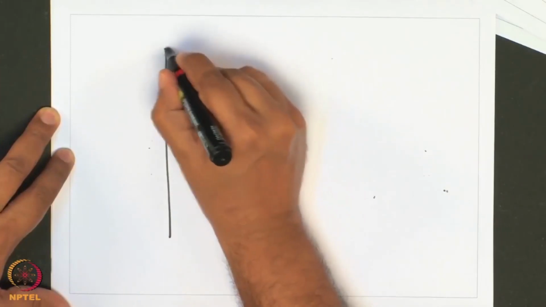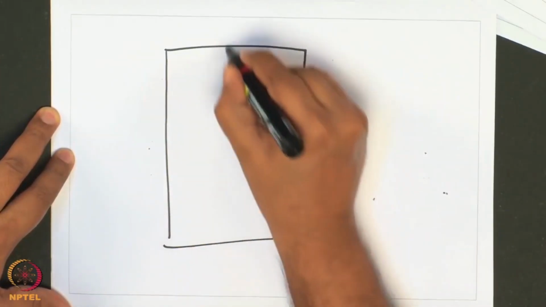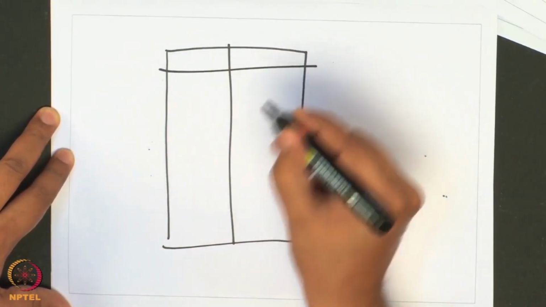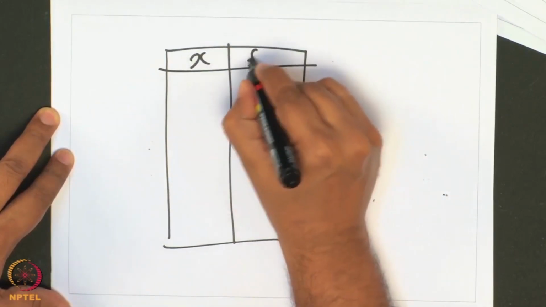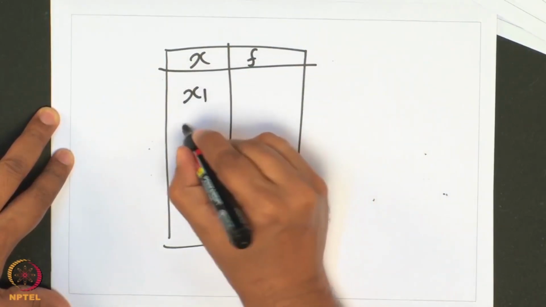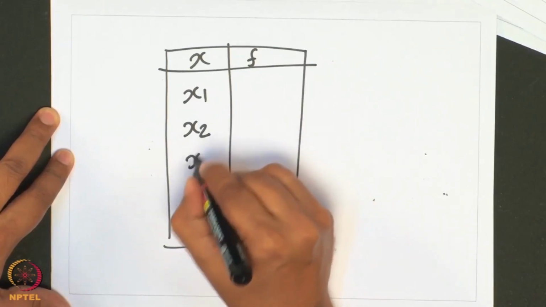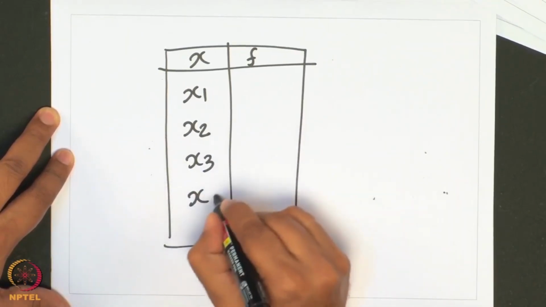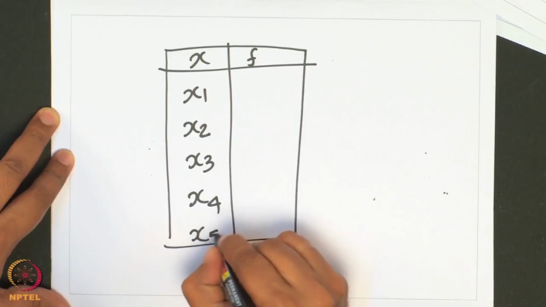If you want to generalize this, what we will have from an experiment is some table which is x and f of x. We will have x1, x2, x3, x4, x5 and so on.